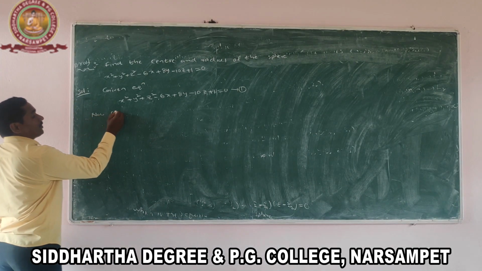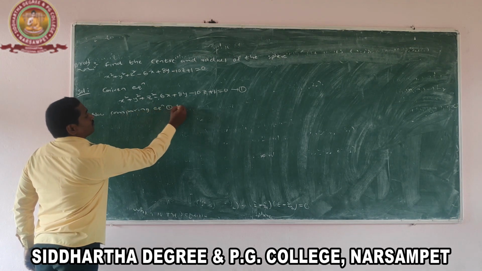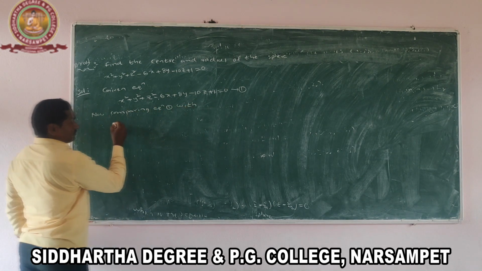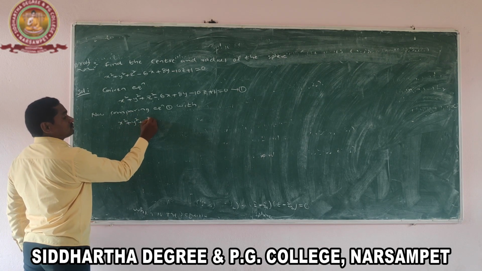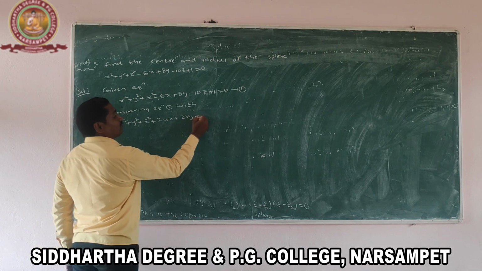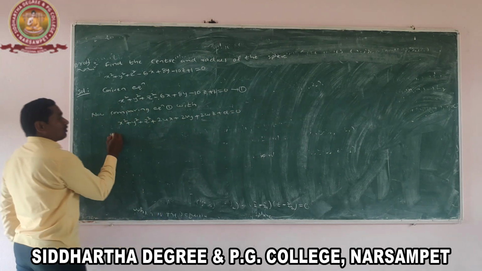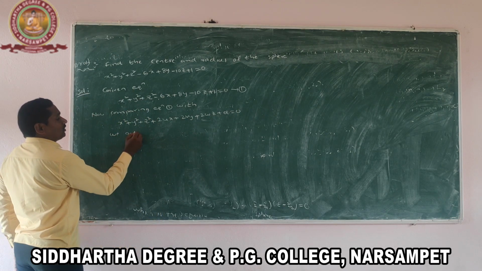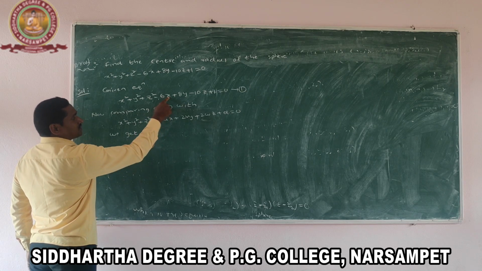Now comparing equation 1 with x square plus y square plus z square plus 2ux plus 2vy plus 2wz plus d equal to 0, we get: here the x coefficient is 2u, and the given coefficient is minus 6.